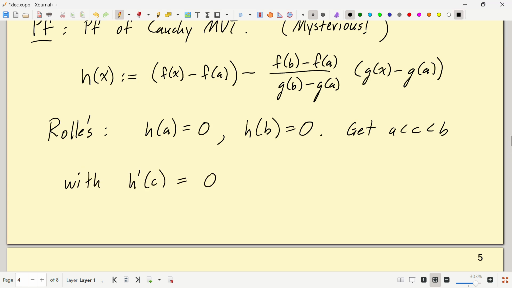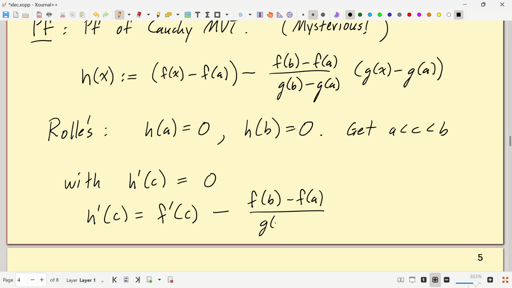And when you calculate h prime of c, you get first f prime of c there. Minus f of a is a constant, so its derivative is 0. This ridiculous thing is a constant, so it just sits there. And then the derivative of that last thing in parentheses is g prime of c.